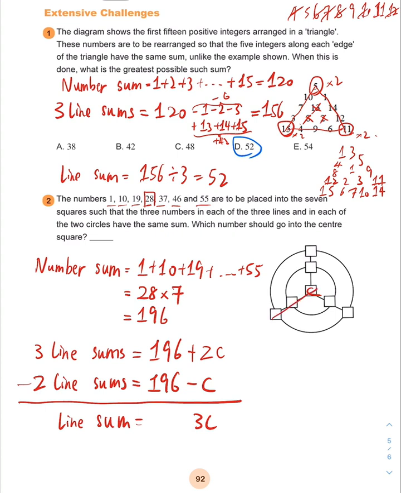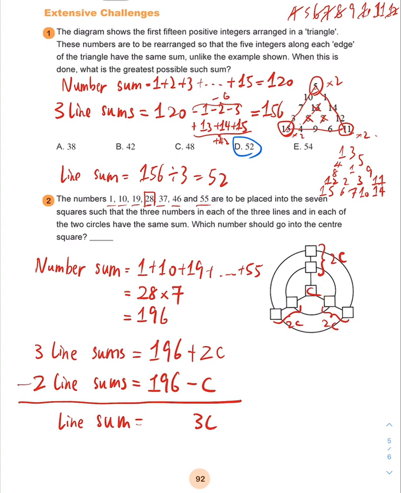So it means that on each of these straight lines, the sum is going to be 3C. So what it means is that these 2 numbers add up to 2C, these 2 numbers add up to 2C, and these 2 numbers add up to 2C. So altogether, for the 7 numbers, they should add up to 7C, including the middle one.